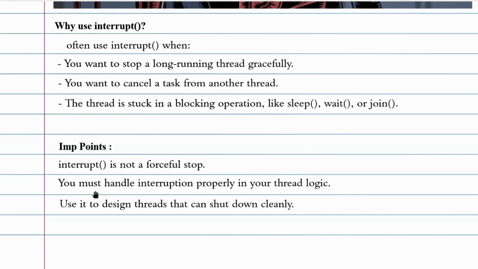Then you must handle interruption properly in your thread logic. The interrupt method is used to design threads that can shut down cleanly, and to close the thread very efficiently.